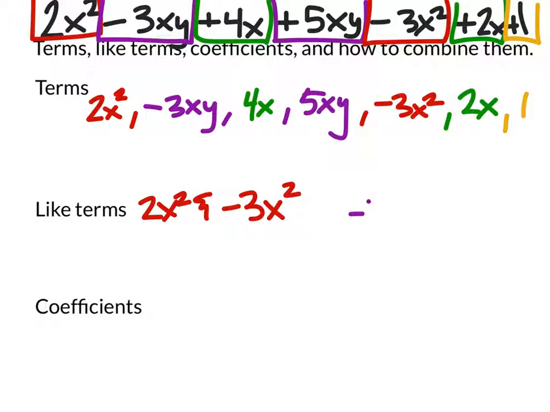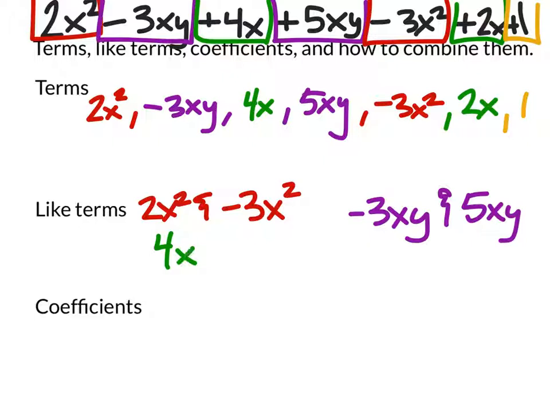So the negative 3xy is a like term with this 5xy. And then we've got that 4x, which is a like term with that 2x. The 1 is just a number. It has no variables. If there were any other numbers by themselves, then it would be a like term with those, but it's not considered a like term here.